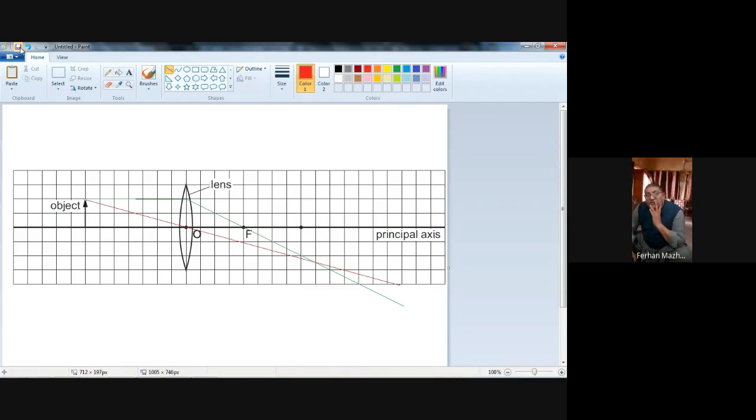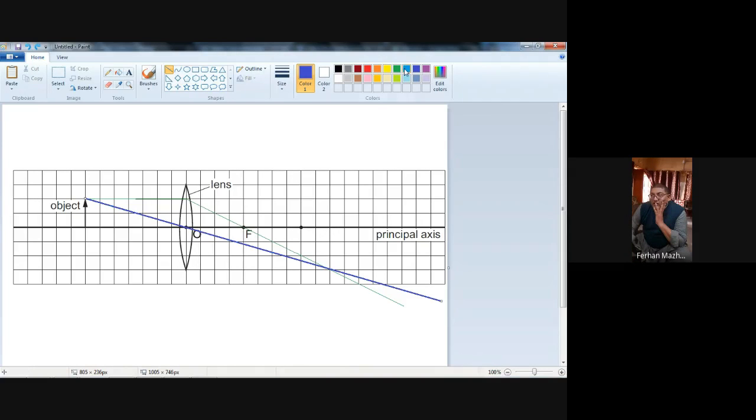It starts from the head of the object and passes through the optical center. So you will be able to see the image here.